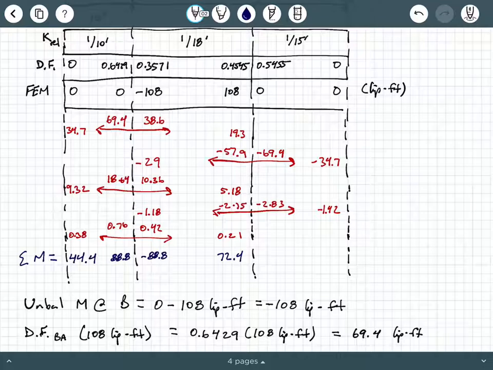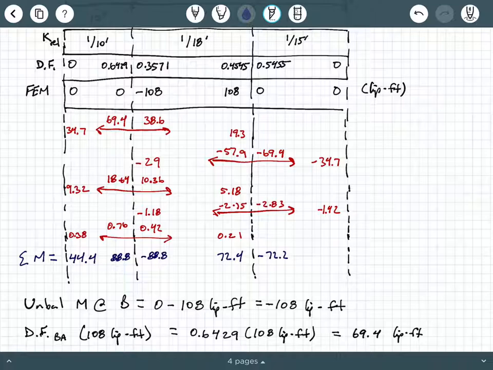And then what's happening infinitesimally to the right of C? Well, we got negative 69.4 minus 2.83. So I get negative 72.2, okay? Negative 72.2. So that's pretty close to balanced. I mean, we're looking at a discrepancy of 0.2 kips out of 72. So we're in pretty good shape, okay?